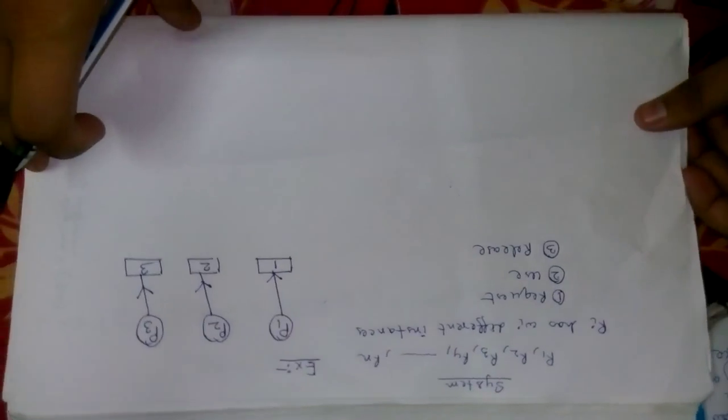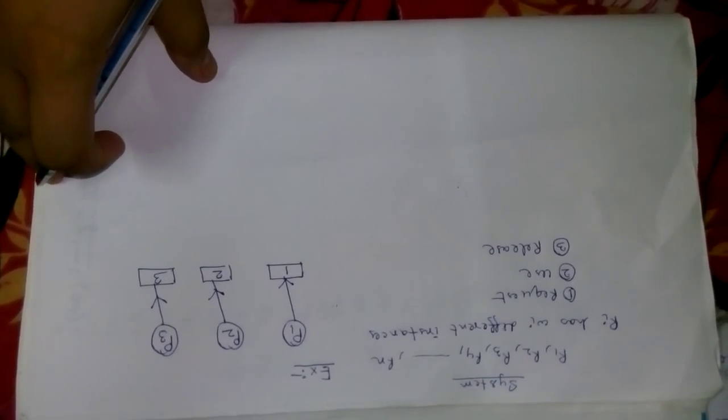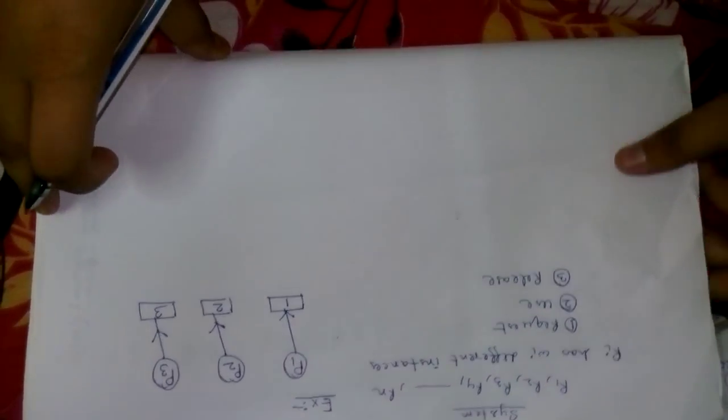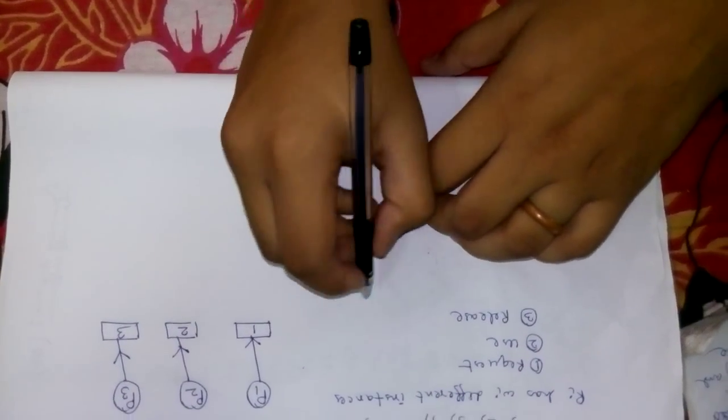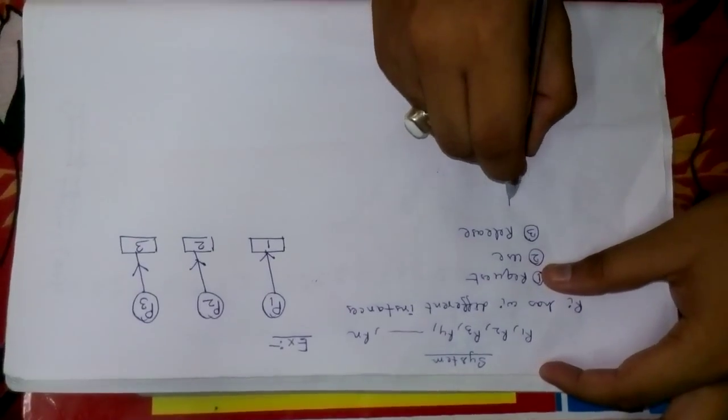Now, how can we characterize a deadlock scenario? The deadlock has the following four characteristics.